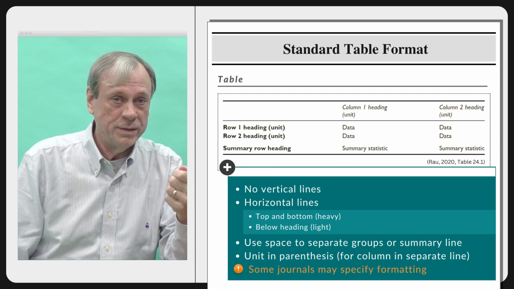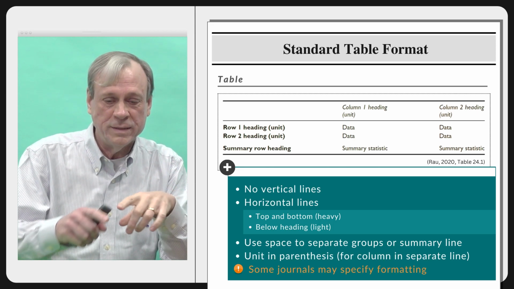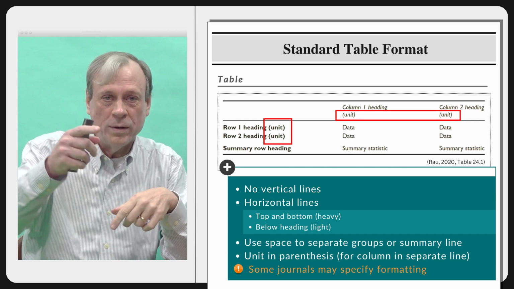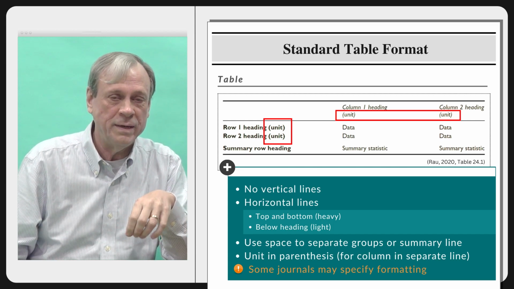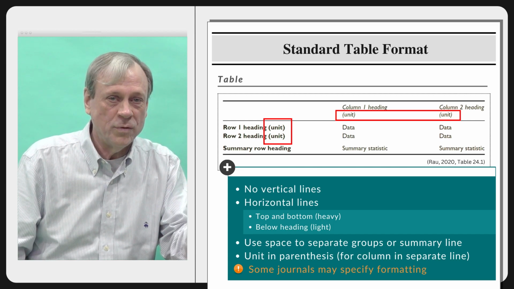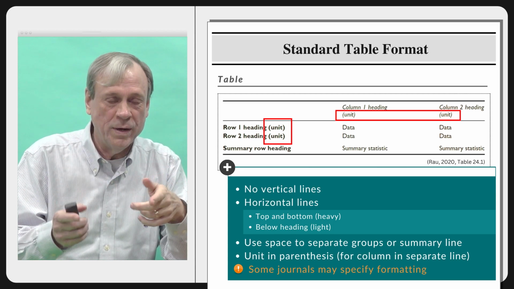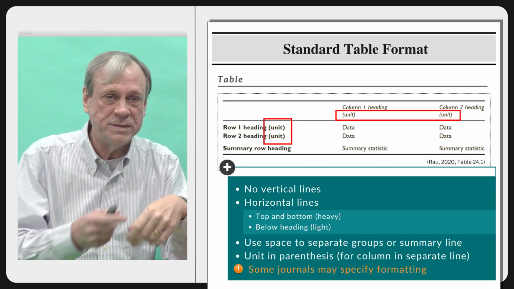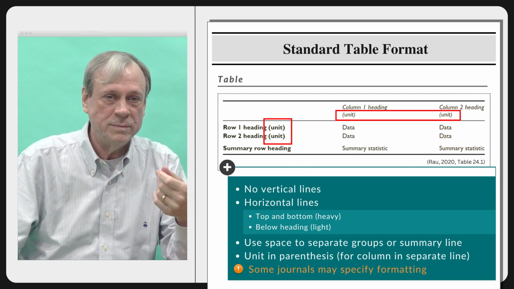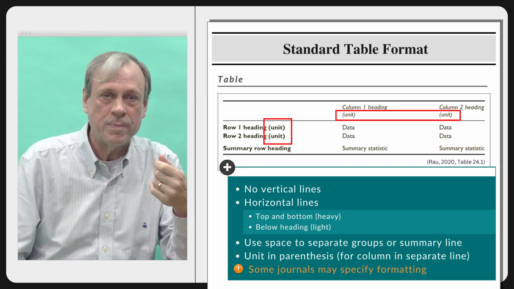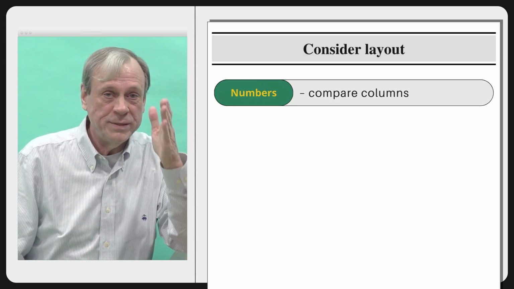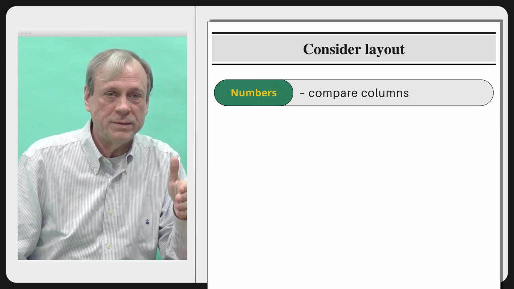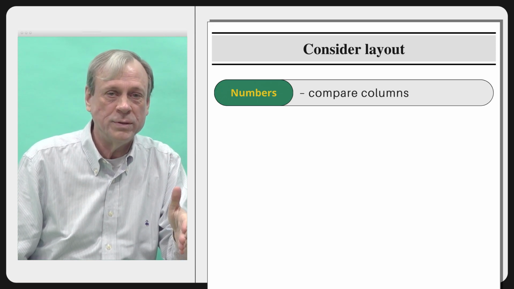Also, if you're using a unit in the column, it's placed in parentheses on a separate line after the main heading for the column. For a row, it's placed in parentheses, but frequently in the same row as the general description, the title.